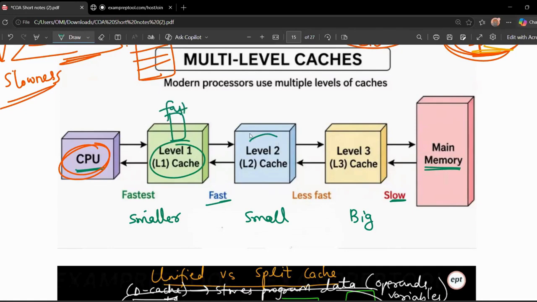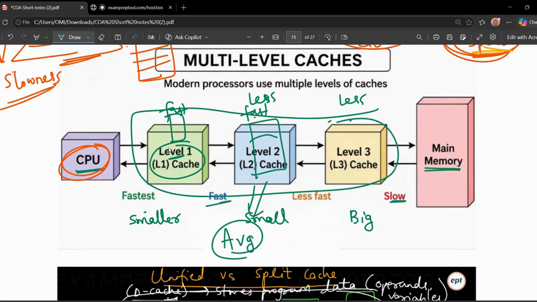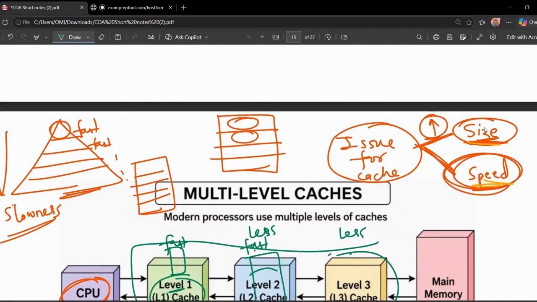Then level 2 is somewhat bigger than L1, and somewhat slower than L1, but it is still fast. Then it is less fast, then less fast, and so on. If you do this, averagely you will get two benefits: size also and speed also.